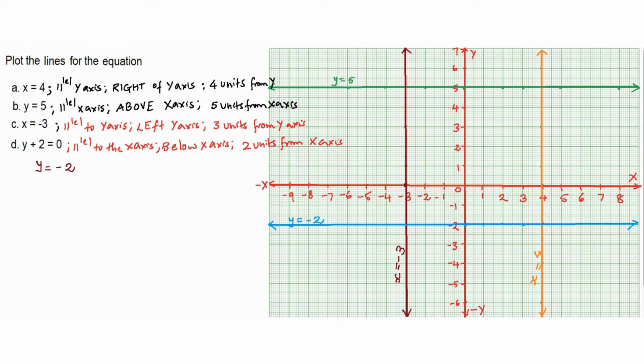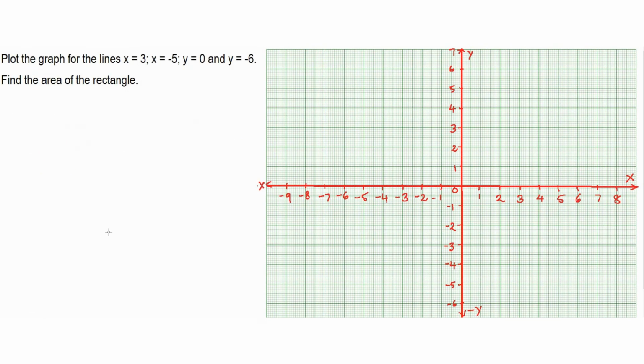Moving to the next set of questions. Let us consider the following question. Plot the graph for the lines x equals 3, x equals -5, y equals 0 and y equals -6. So x equals 3, now I know that x equals 3 is going to be a line which is parallel to the y-axis because all these points contain their x coordinate equal to 3.